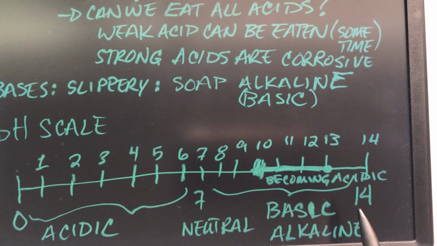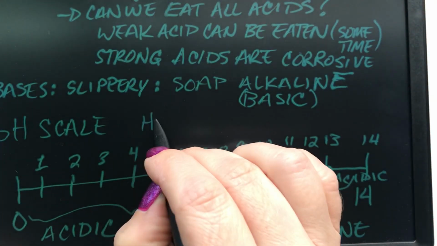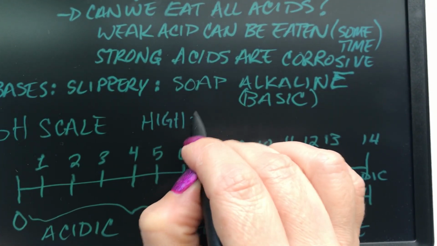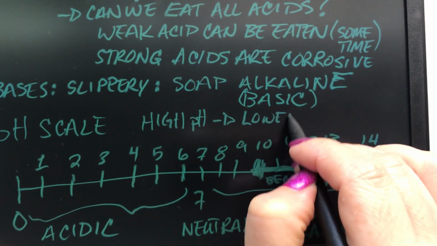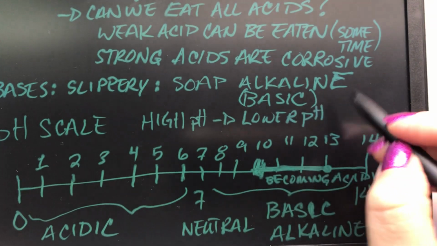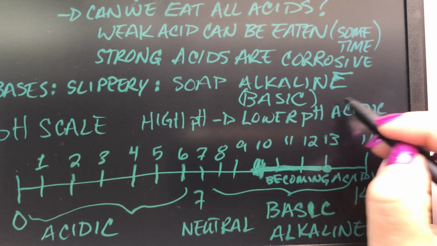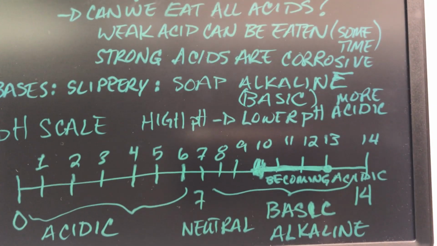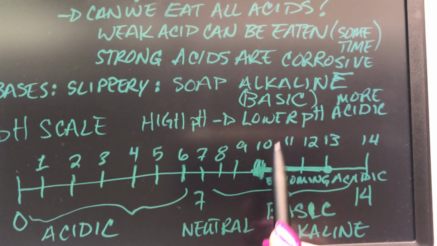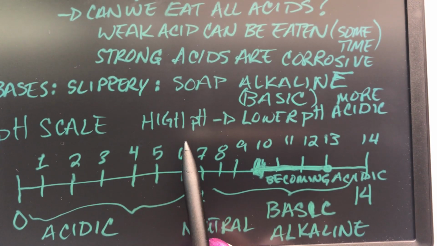Does that make sense? If you start out at a higher pH and you go to a lower pH, you're becoming more acidic. And if you go the opposite direction, from a lower pH to a higher pH, you're becoming more basic. Everybody okay with me there?